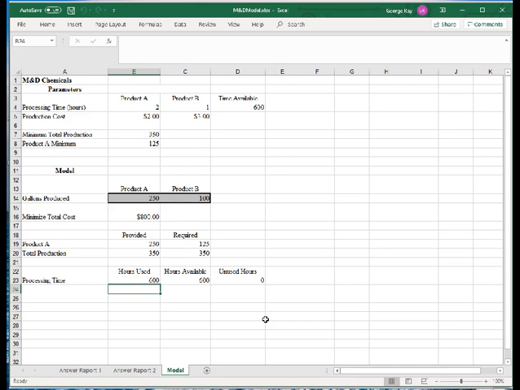So our minimum total cost in this case is $800: $2 times 250 plus $3 times 100.